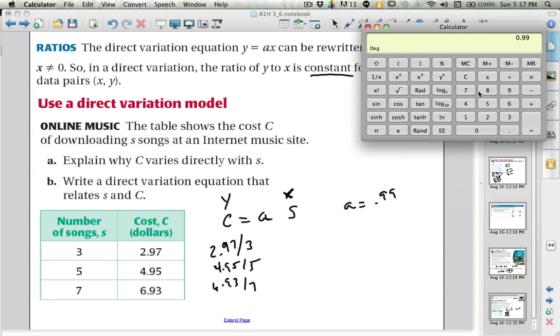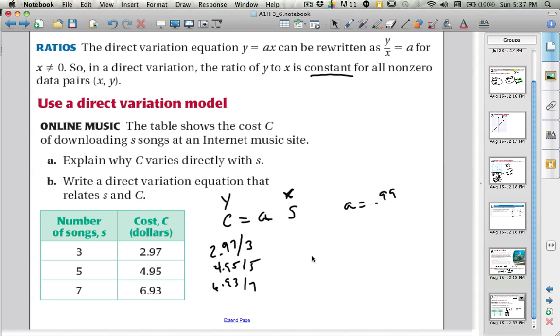If we take a look at the next one, 4.95 divided by 5, you see it's also 99, and 6.93 divided by 7 is also 99. So if we wanted to write the direct variation model, Y, the cost, varies directly with S. Well, the cost is directly related to the number of songs you purchase because the songs each cost 99 cents.